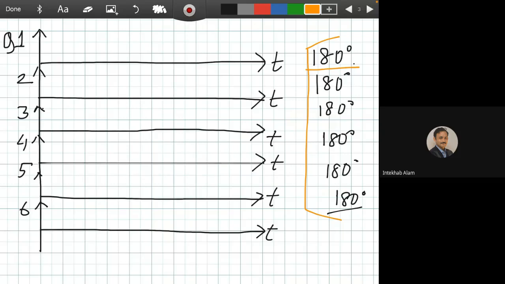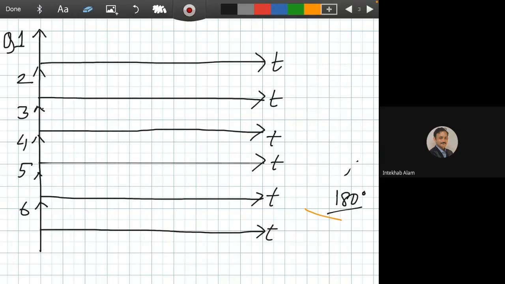So if switch 1 will conduct for 180 degrees, we need to think about this diagram. I am drawing the circuit diagram again on the side for your clarity.